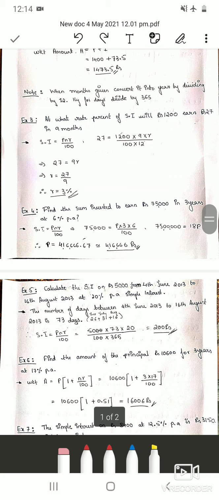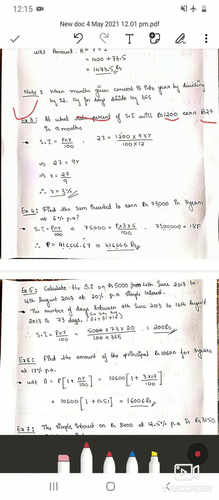The next question is, at what rate percent of simple interest will rupees 1,200 earn rupees 27 in 9 months? In this question the unknown is R, that is the rate of interest. The given terms are: 1,200 is your principal, rupees 27 is your simple interest, and 9 is your period.